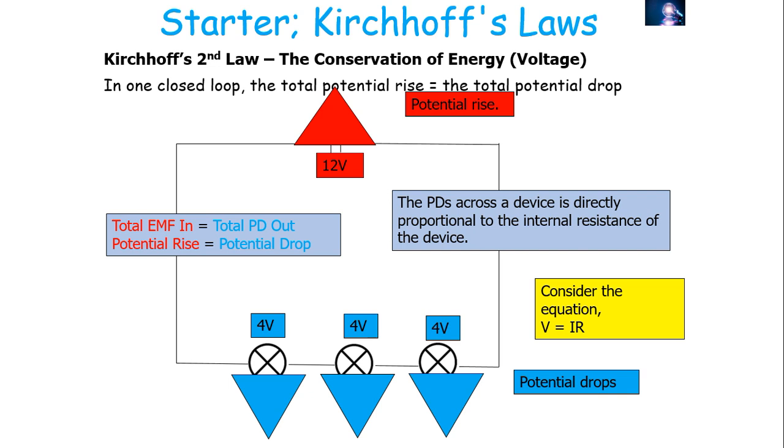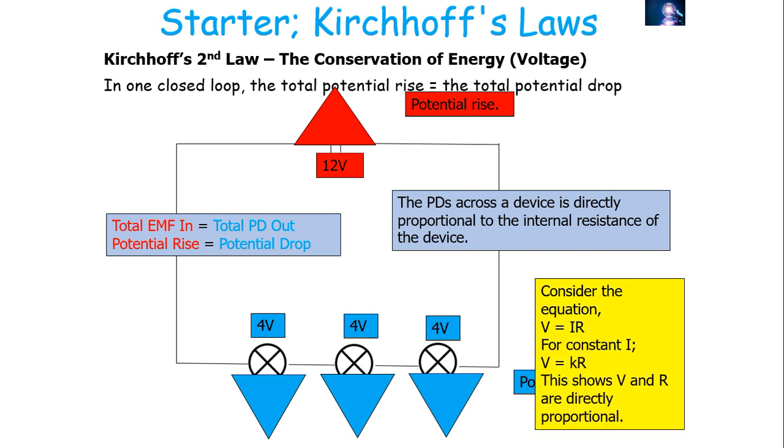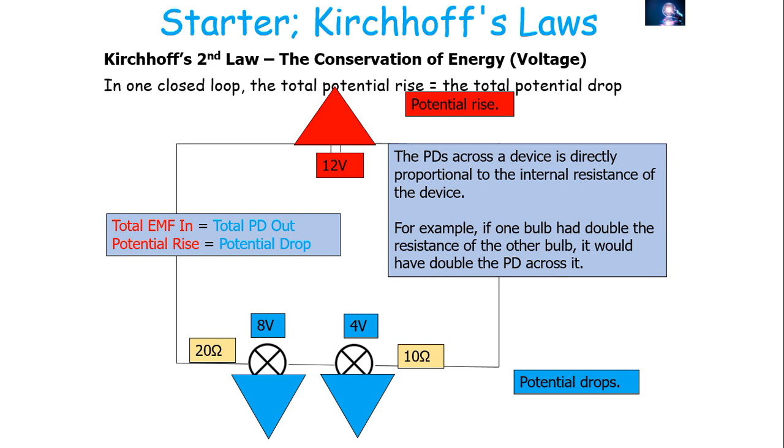So if we consider the equation V equals IR from GCSE physics, for a constant I, which is the case because it's a series circuit, we can put the constant proportionality K into the circuit. So we can say V equals KR, which shows V and R are directly proportional.